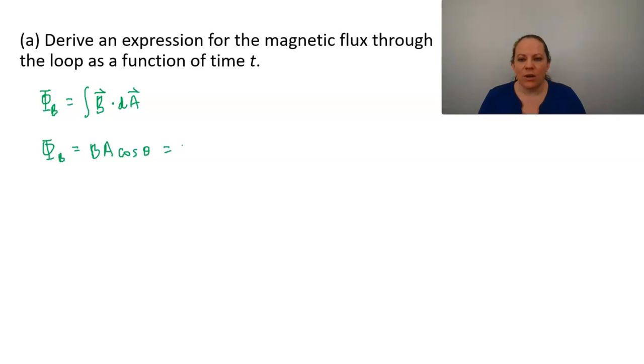And our area, because it's a circular loop, is going to be pi r squared.